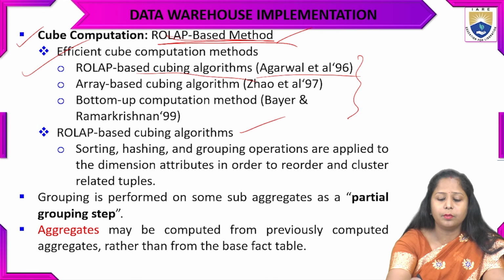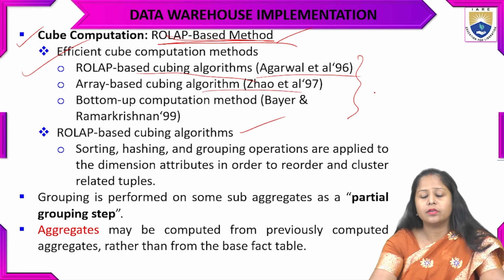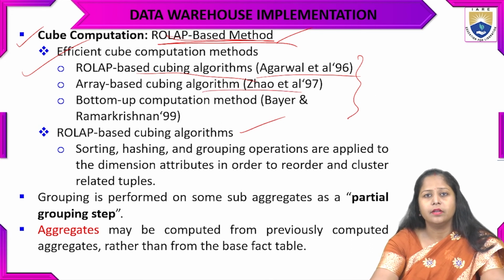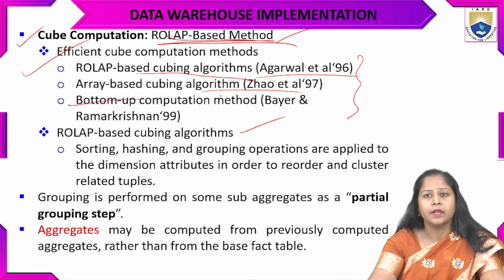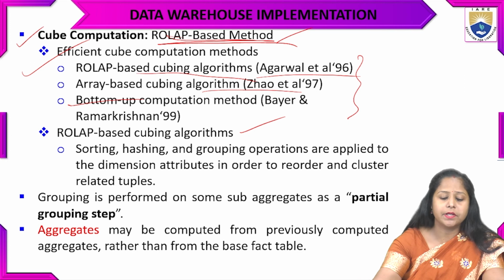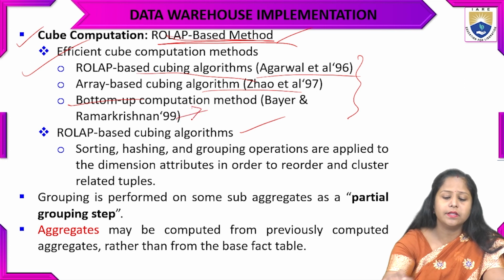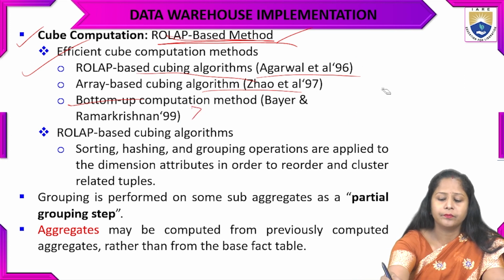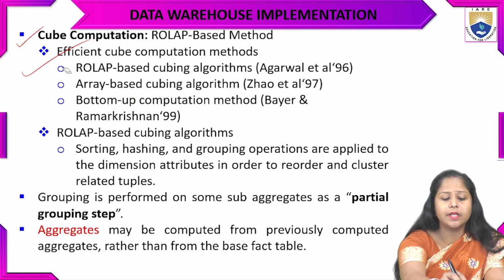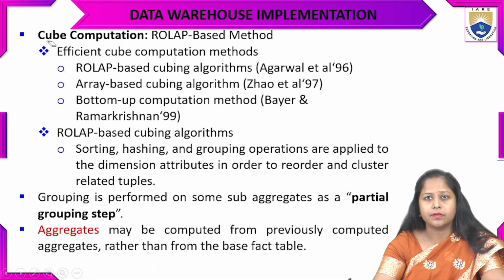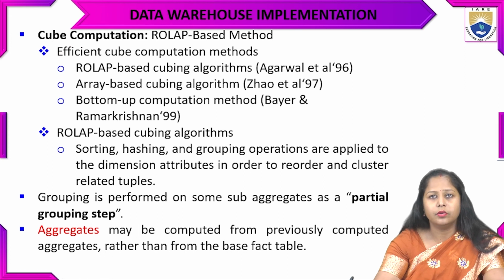The array based cubing algorithm is by Zhou et al. in 1997. Also, the bottom up computation method was implemented by Beyer and Ramakrishnan in 1999.